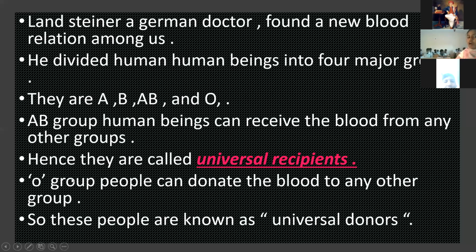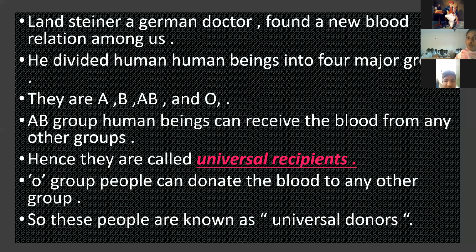Hence they are called universal recipients. The person who receives the blood is called the recipient, and the person who donates the blood is called the donor. AB group human beings can receive blood from any other group, and hence they are called universal recipients.